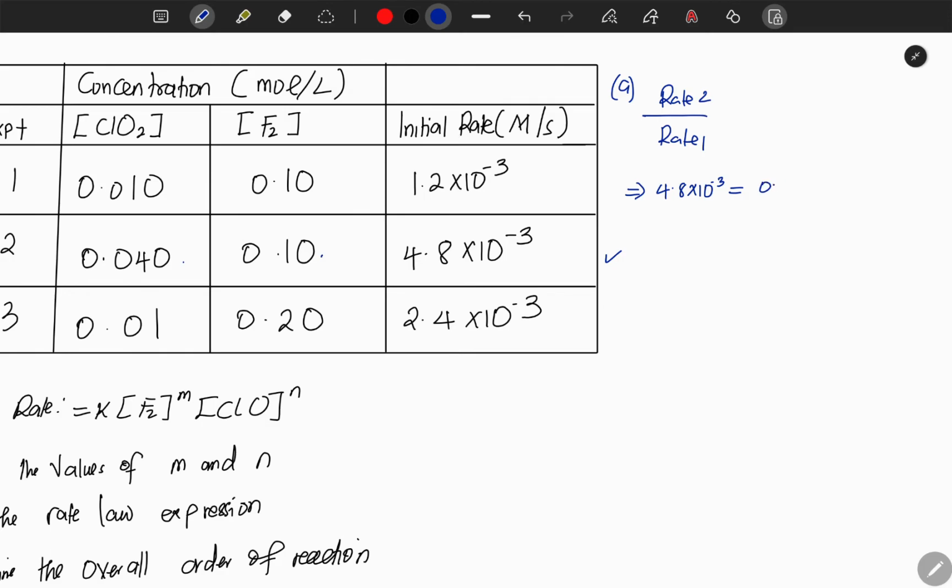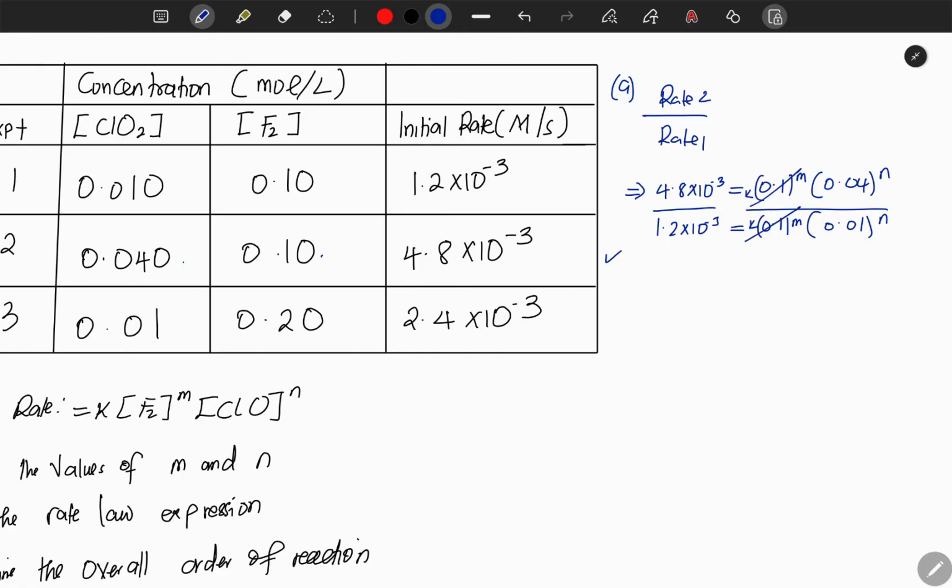So we have 0.1 to the power M, then 0.04 to the power N, over rate 1, which is 1.2 times 10 to the power negative 3. Here we still have the same 0.1 to the power M, then 0.01 to the power N. There's a K here and a K here. Of course, those are going to cancel.